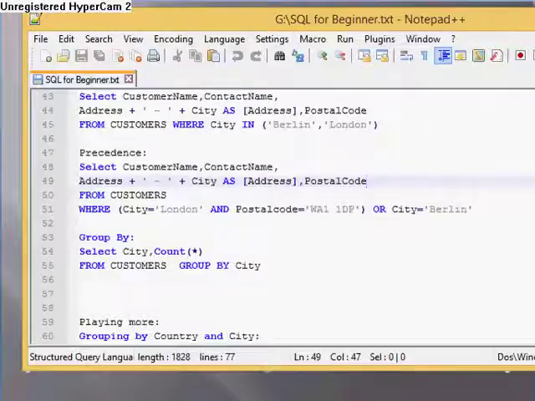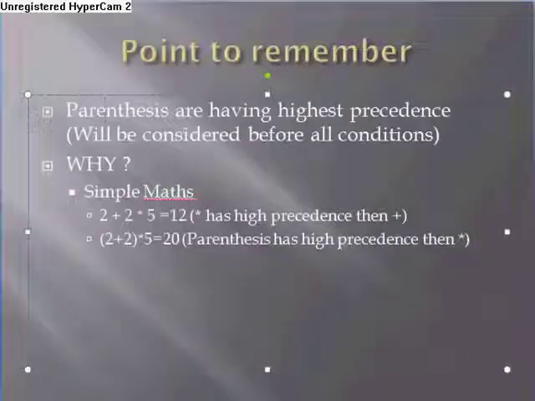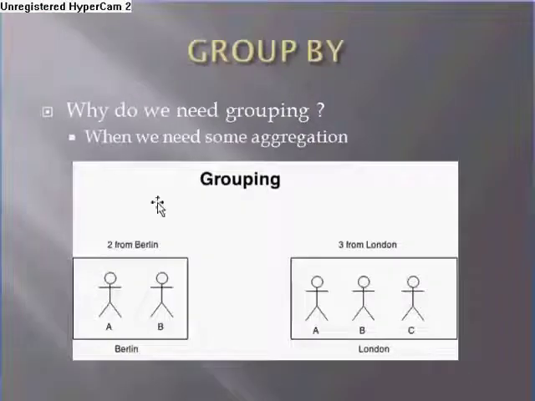Okay, now coming toward the GROUP BY clause. Why do we need grouping? Whenever we need aggregation, we need grouping of our columns. Let me give a sample example. Suppose we have 2 persons from Berlin and 3 persons from London.